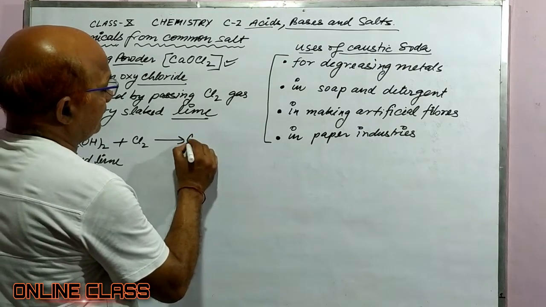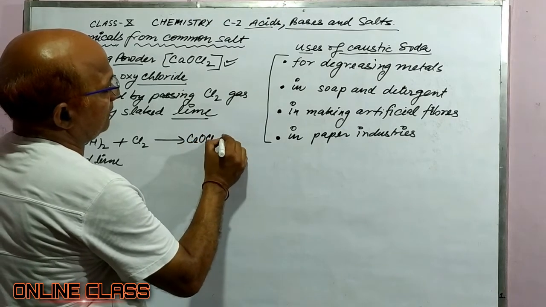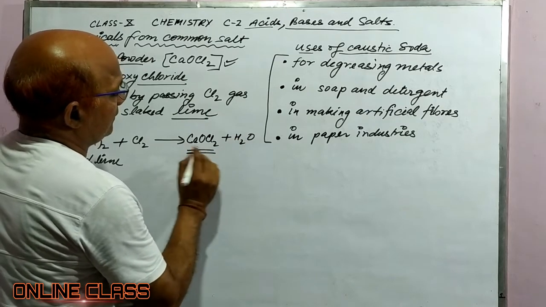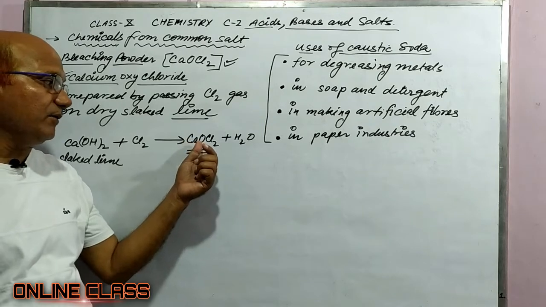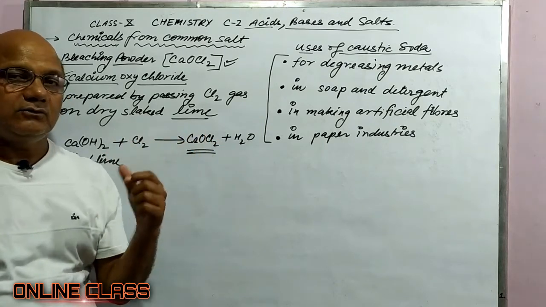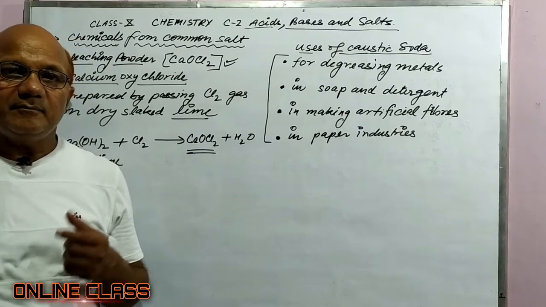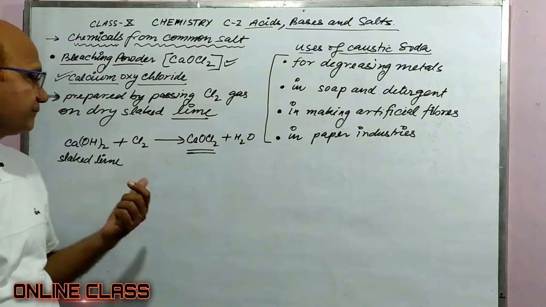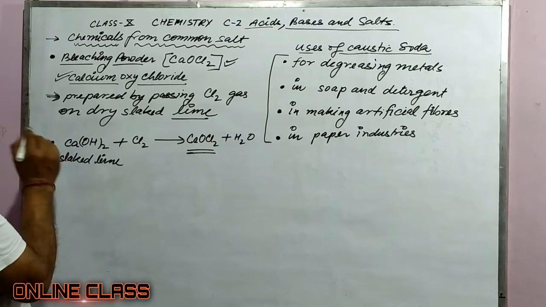It is CaOCl2 plus H2O. This is the required product, calcium oxychloride, which is bleaching powder. So, how is bleaching powder prepared? It is prepared by passing chlorine gas on dry slaked lime, and this is the chemical reaction related to this.